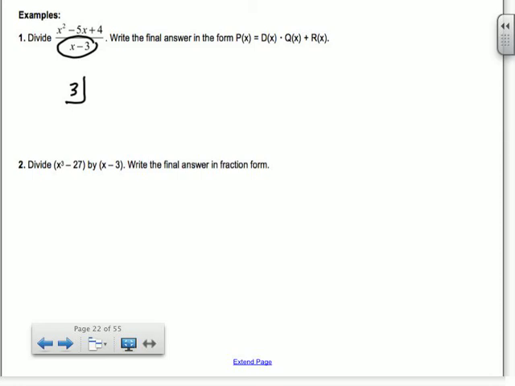And again, the reason we do that is because with long division, remember we always drew the line and then subtracted. So with synthetic division, you're adding. So it's already taking care of that opposite thing for you. Okay, so my numbers are 1, negative 5, and 4. So I put 1, negative 5, and 4 on the right of my backwards L. I draw my line, drop the first term.